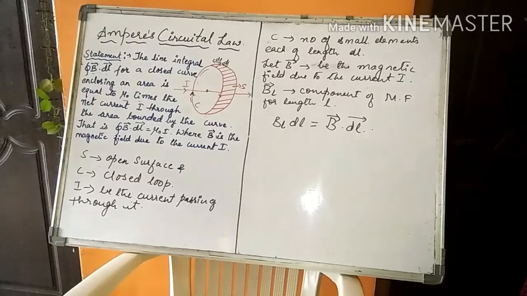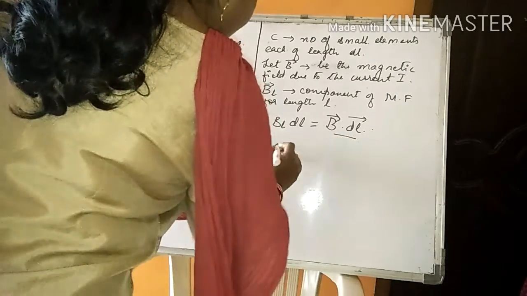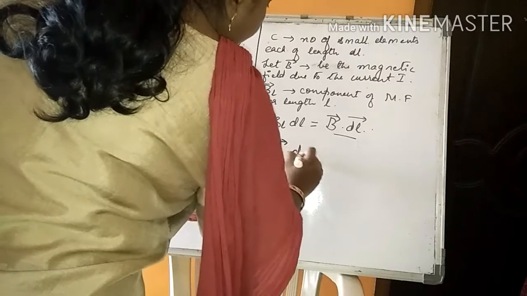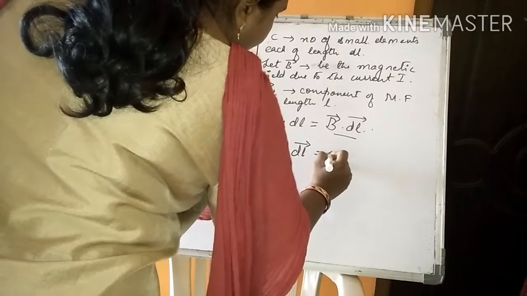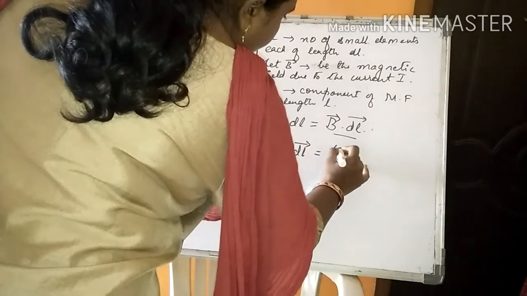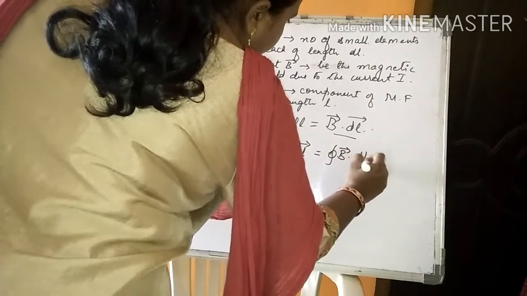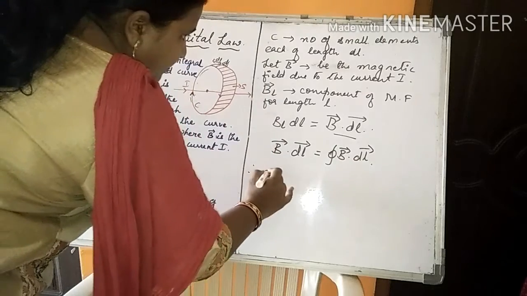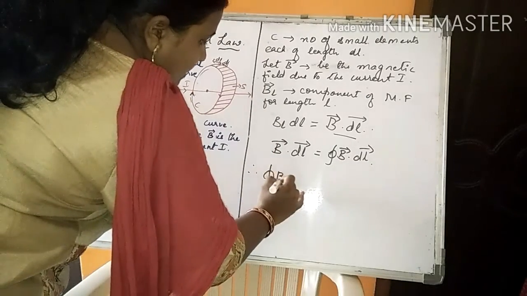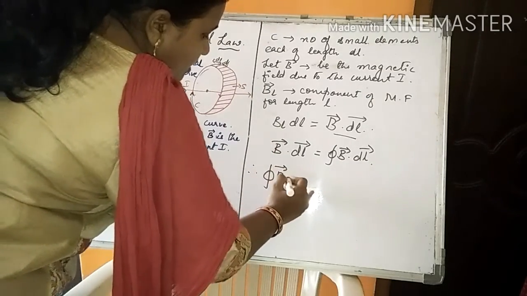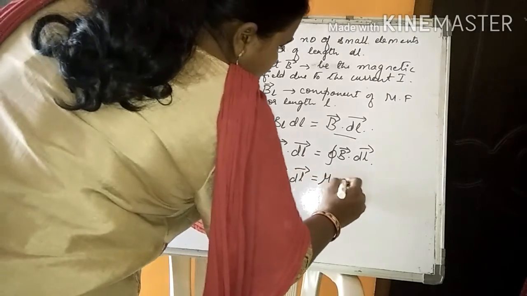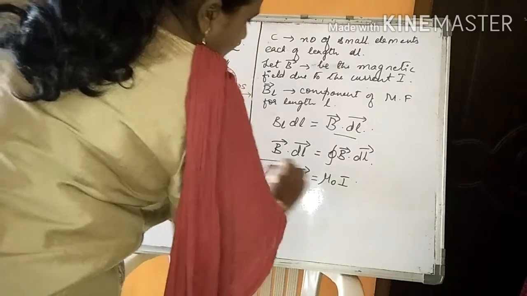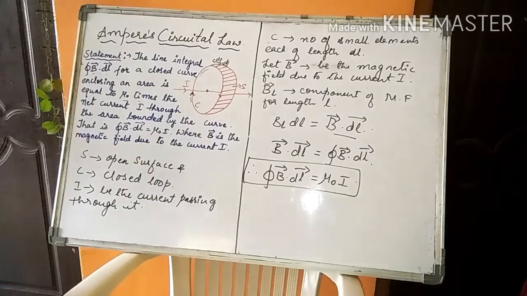So B dot dl is integrated along the closed curve, and the integral along the closed curve of B dot dl equals mu naught times I. So this is the Ampere circuital law.